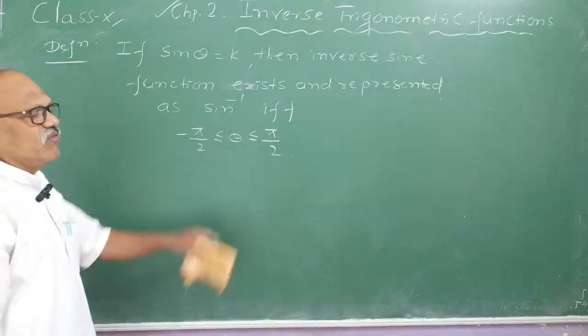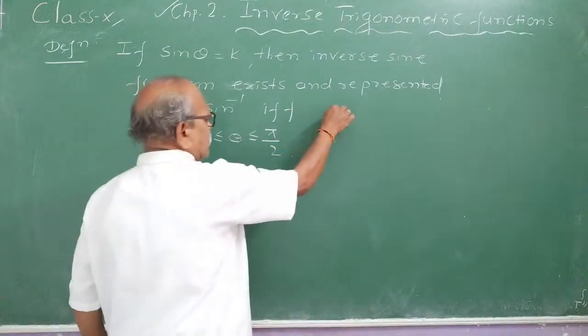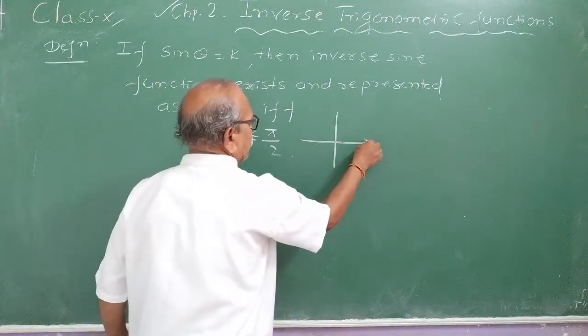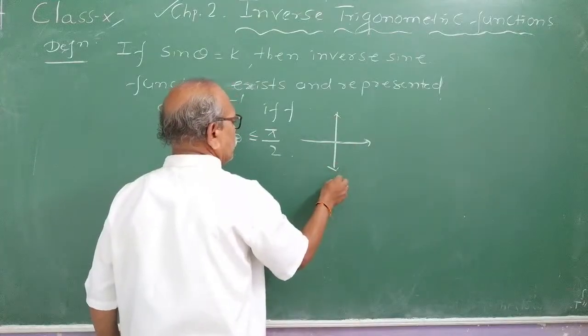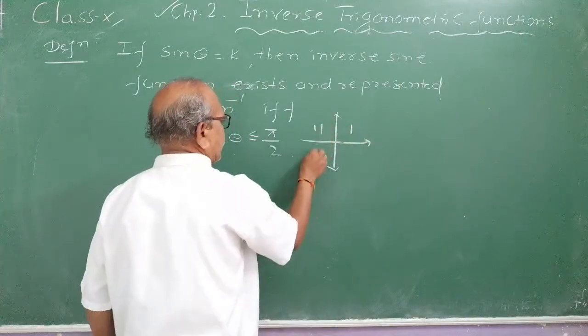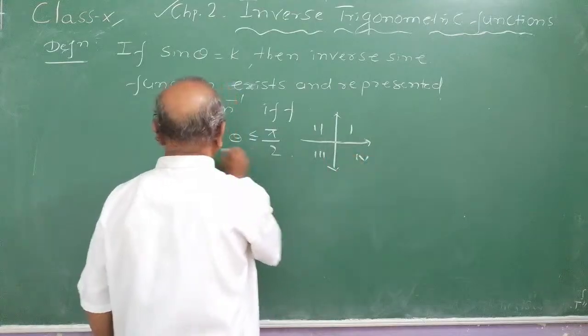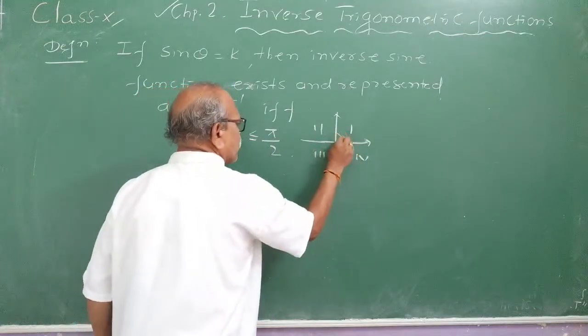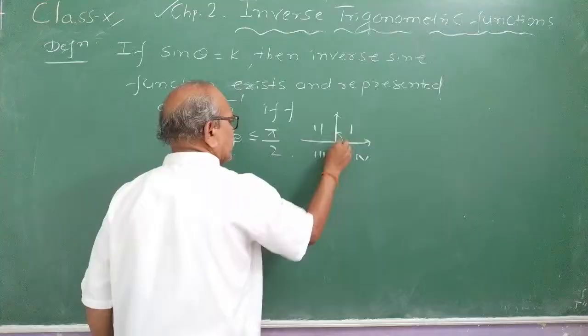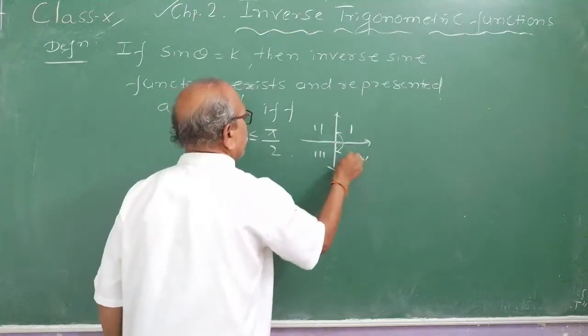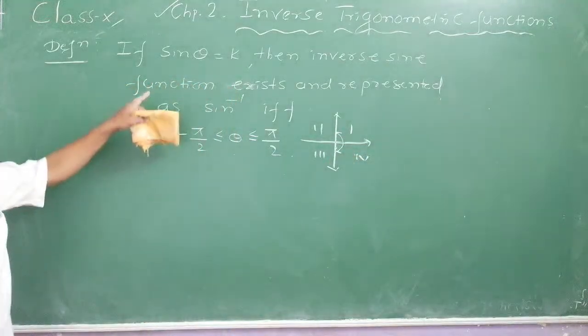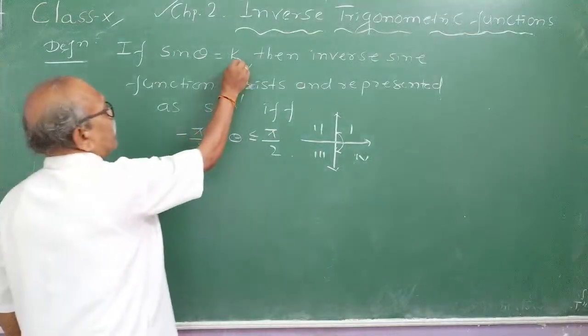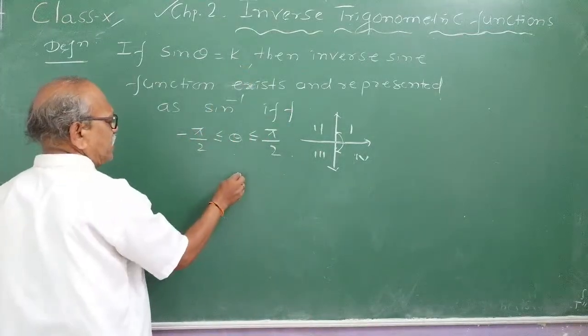It lies in this range. Suppose this is our quadrant, right? This is first, second, third, fourth. Minus pi by 2 means here, from here to here, first and fourth quadrant.